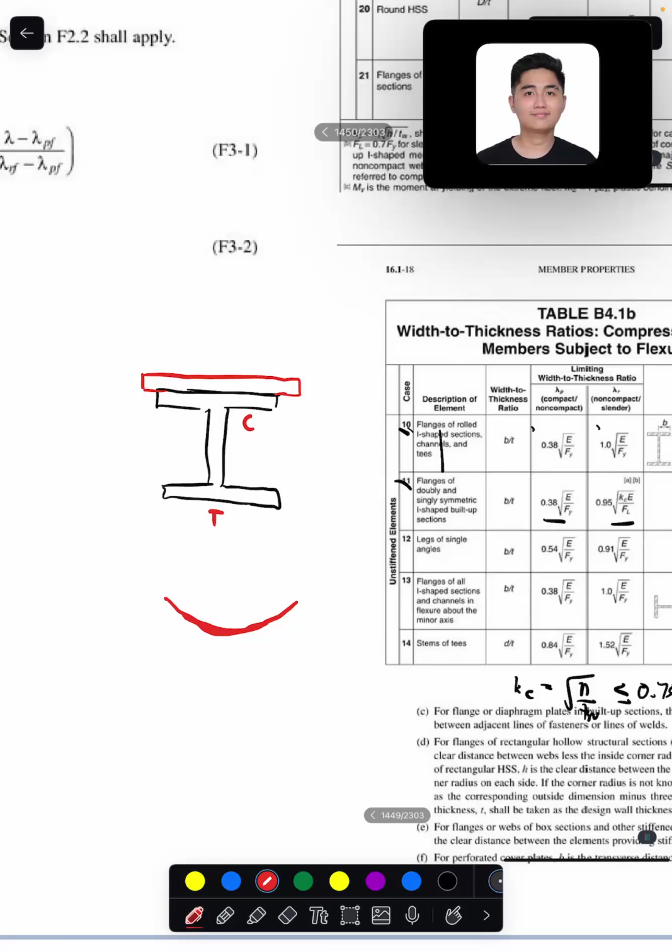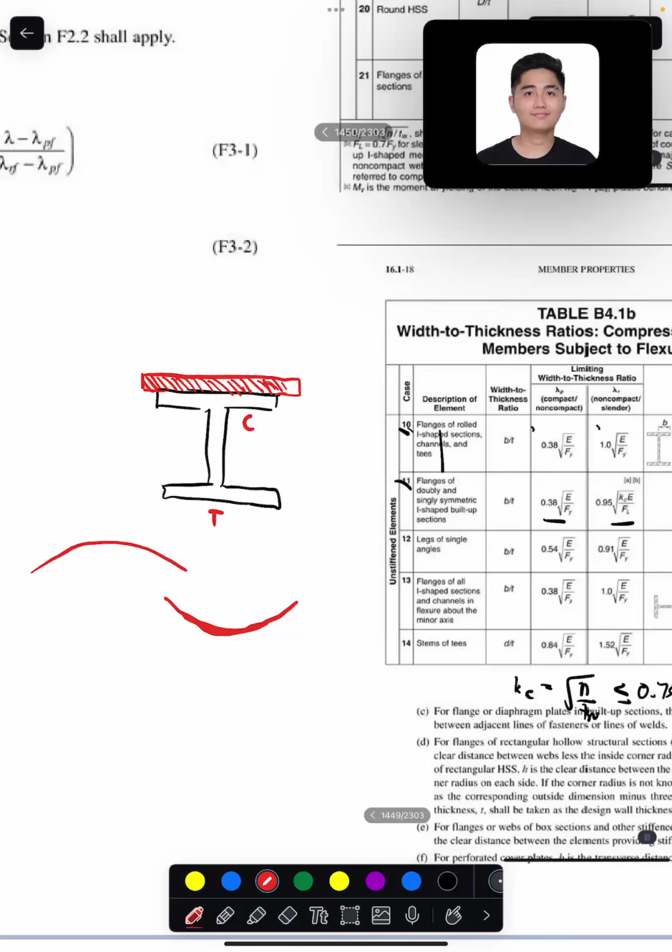And nangyayari lang yung buckling kapag yung part na yun ng beam, ng cross-section mo, is undergoing compression. So dito, maglalagay. Pero wala itong silbi, mangyayari yung flange local buckling if negative yung moment tapos nandito sa top flange mo ilagay.